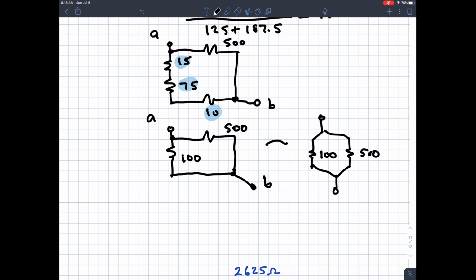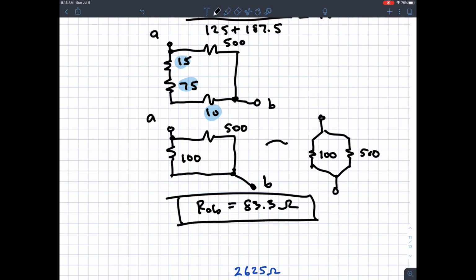But you have 100 in parallel with 500. So when I do that combination, 100 times 500 divided by 600, the sum, I get the resistance RAB being 83.3 ohms. So there's how you do that problem.